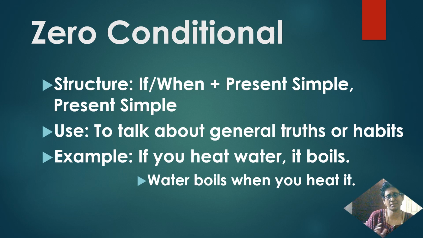When it is grammar, we know it has a structure. All the sentences follow a structure. The structure for zero conditional is if or when plus present simple in the if clause, then again present simple in the main clause.